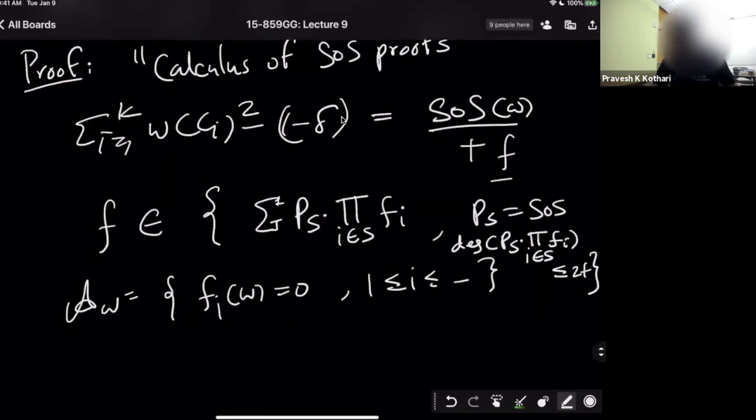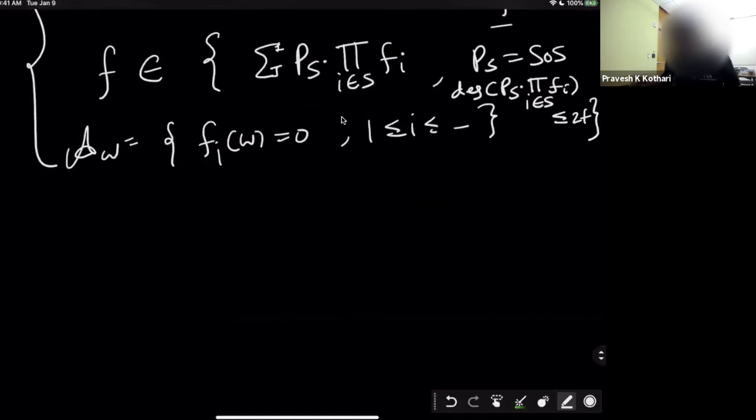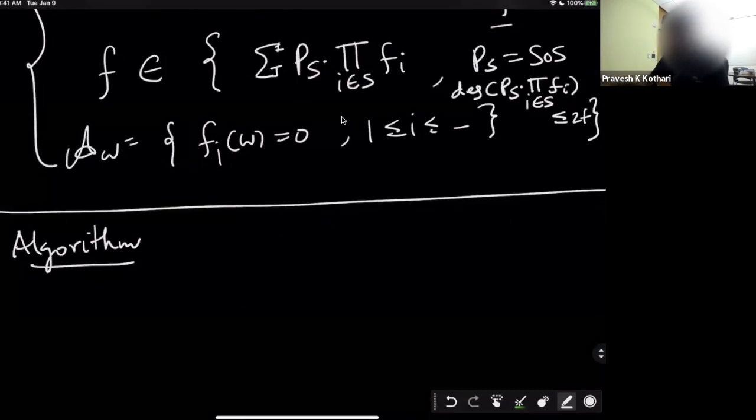Okay. So that was what I was saying earlier, but that's just a restatement of the fact that the proof we did, in fact, yields a degree 2t sum of squares proof. That's great. So now we can go ahead and discuss the algorithm, which we haven't done so far. Why should what we did be related at all to an algorithm?